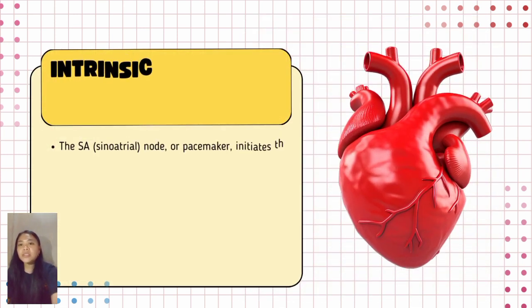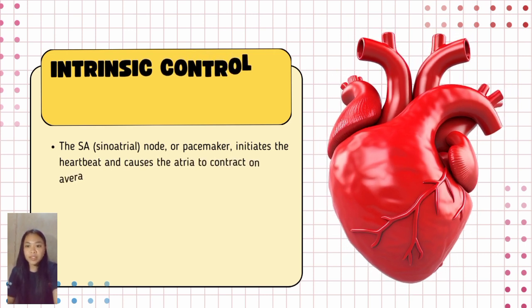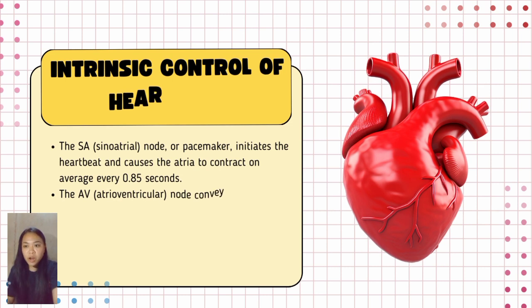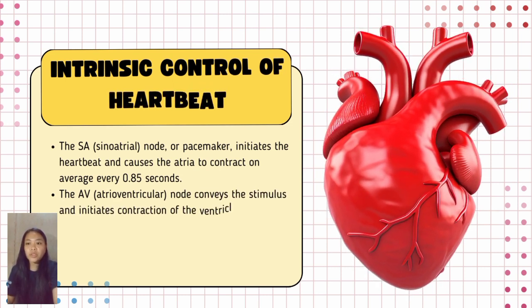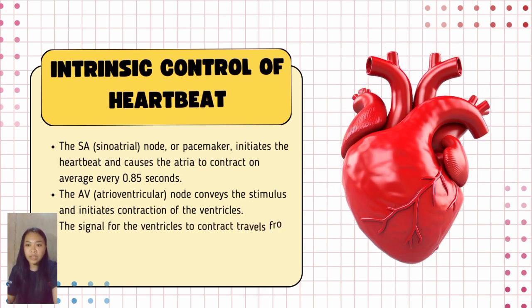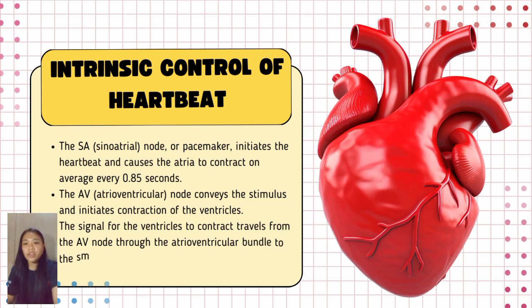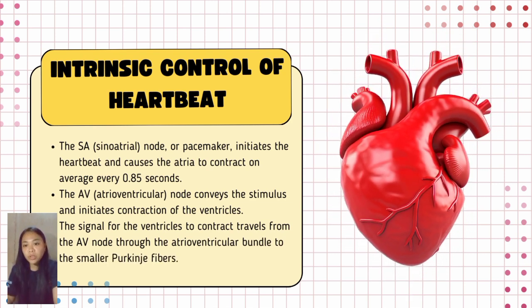Now, here is the intrinsic control of the heartbeat. The SA, or sinoatrial node, or pacemaker, initiates the heartbeat and causes the atria to contract on average every 0.85 seconds. The AV, or atrioventricular node, conveys the stimulus and initiates contraction of the ventricles.